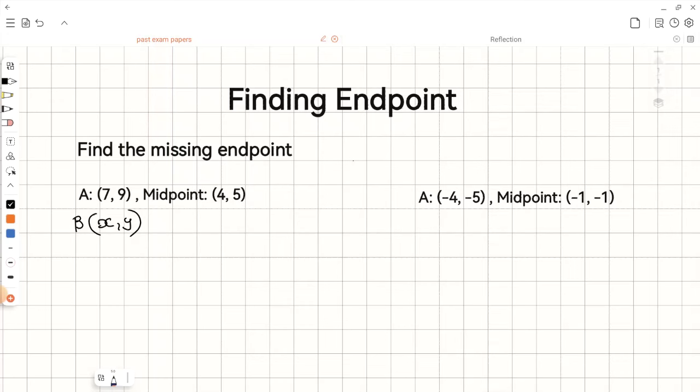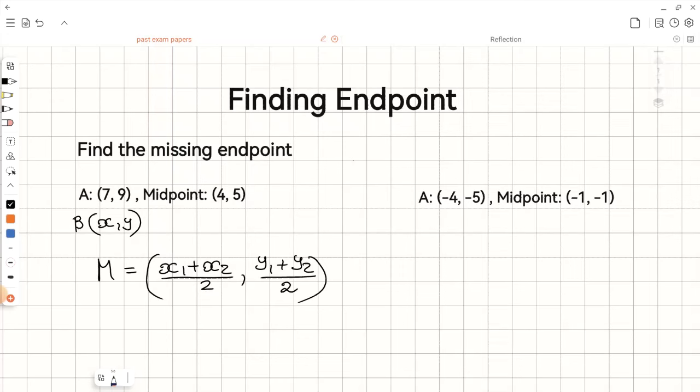What we need to remember to solve this problem is the formula for the midpoint. We know the formula for the midpoint is (x1 plus x2) divided by 2, comma, (y1 plus y2) divided by 2.